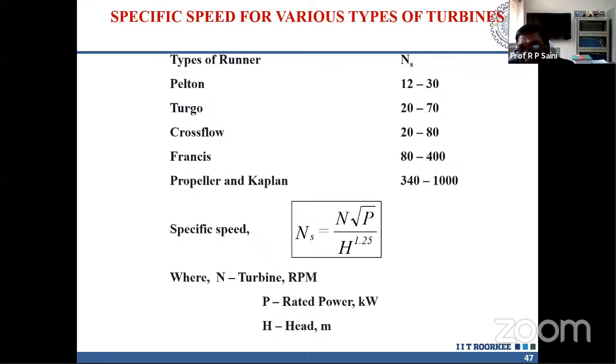But technically both turbines are correct. The cost will come into the picture. Then you have to contact the manufacturers. You can say either the Francis turbine or the Propeller or Kaplan will be more economical.